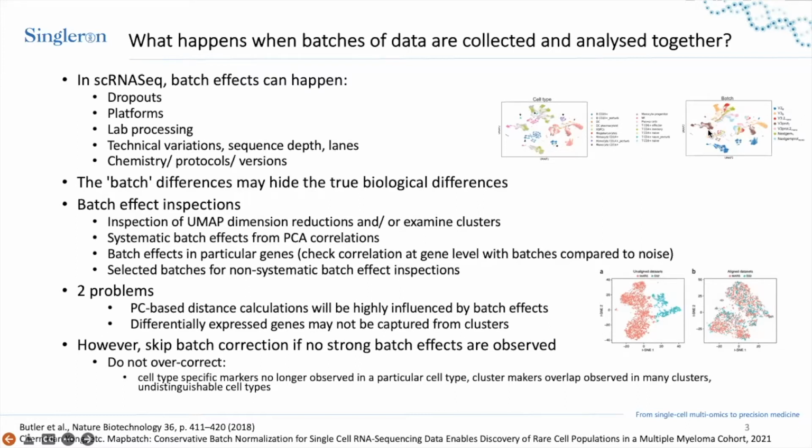The UMAP on the right is colored by the batches or different samples, and on the left the colors are based on the cell types. As we want to observe from the different experiments, we want the biology to stand out. We want to hide the batch differences as much as possible.